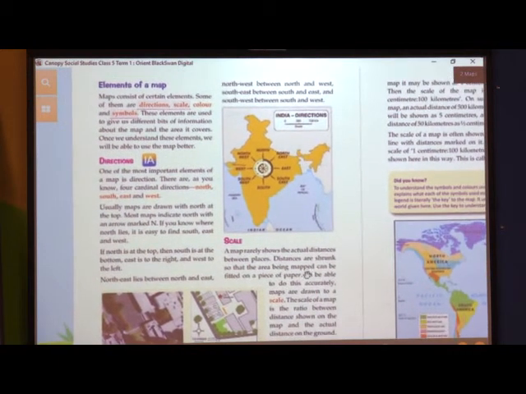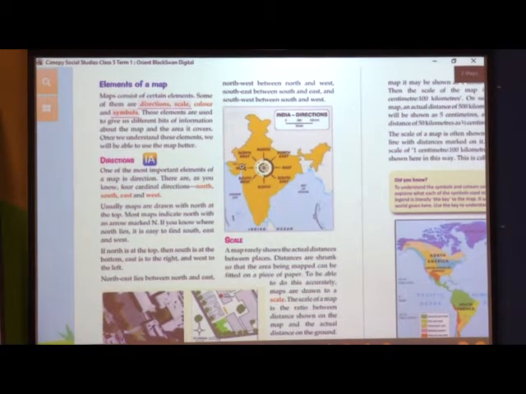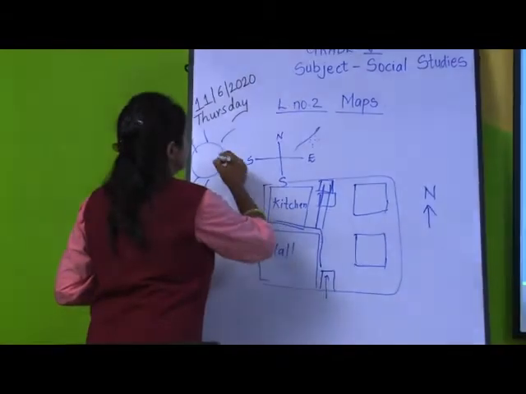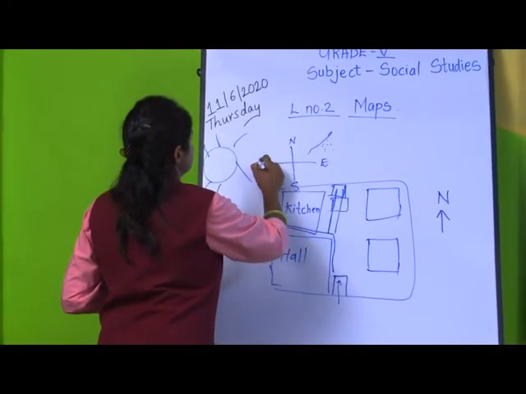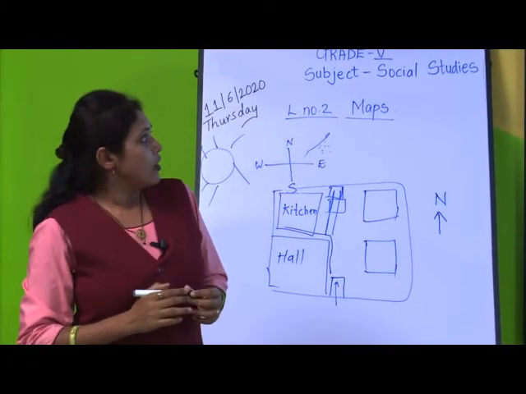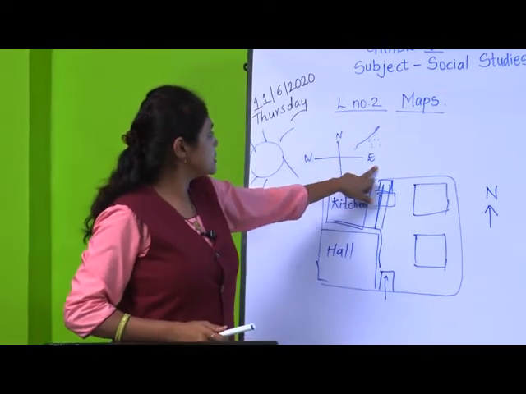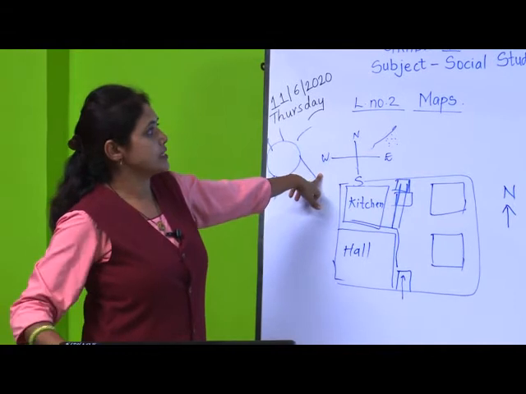What are the elements of the map? As I said, we have north, south, east and west. We have directions, that is north, south, east and west.